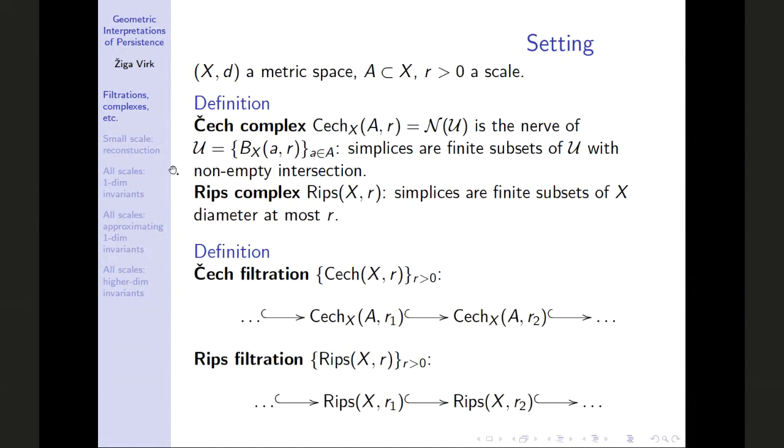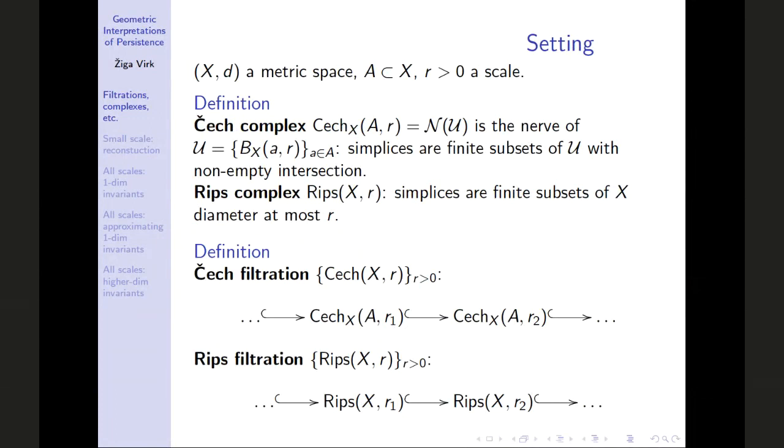And then we will define a filtration, meaning that as we're increasing the scale size, we get this natural system of inclusions. And these two filtrations, of course, are different. The Čech filtration is almost always different than the Rips filtration. These provide the snapshots of, what's the right expression, a scale-free representation of our space.